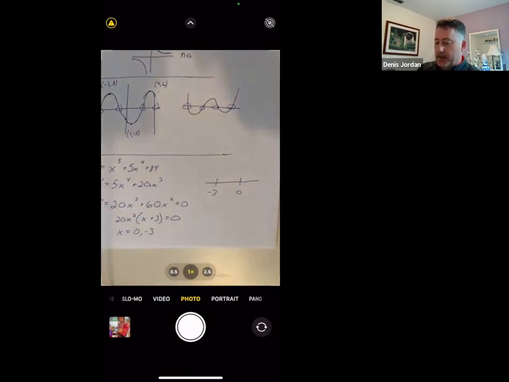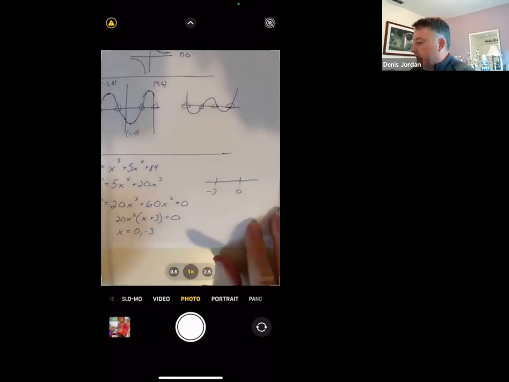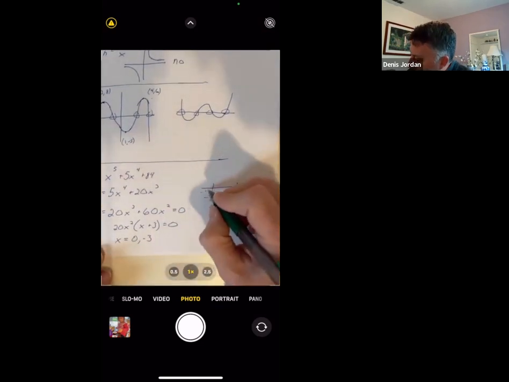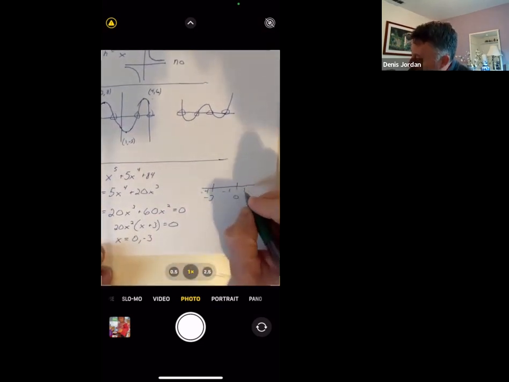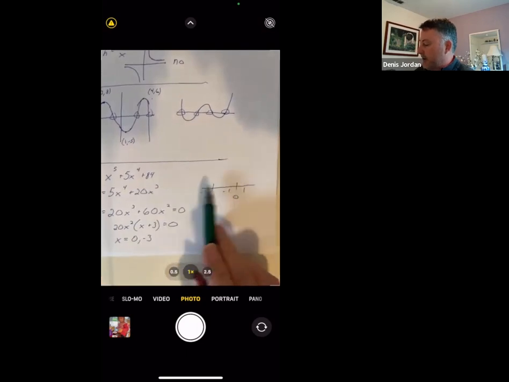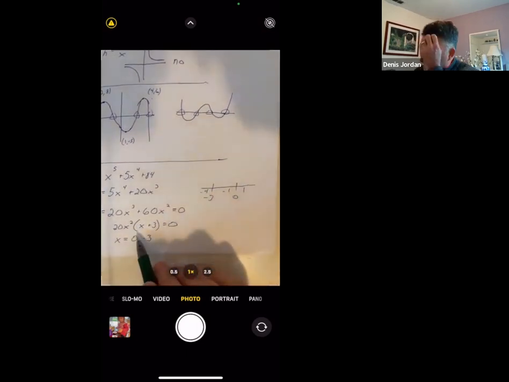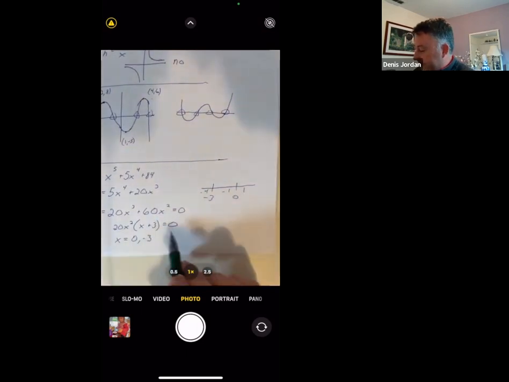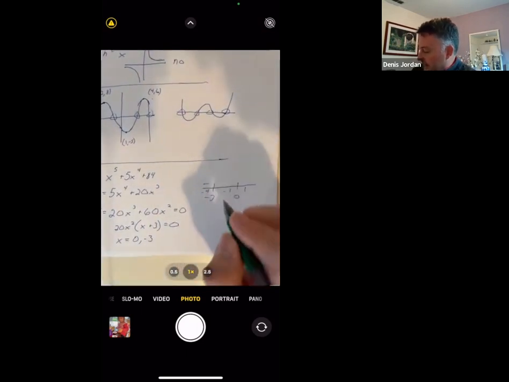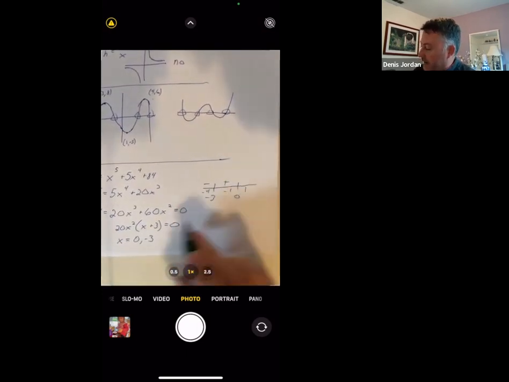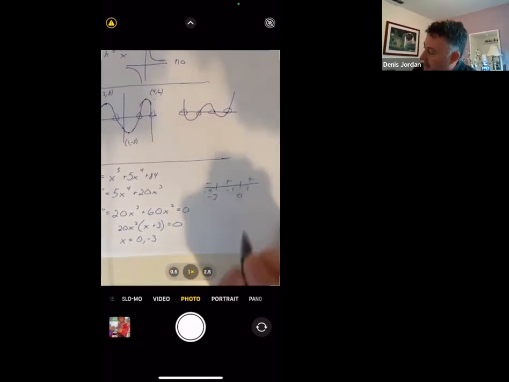Whether you want to or not, you have to test what makes the second derivative 0 or undefined, and see if there's a change in concavity or not. So for the -4, it comes out as a negative, the -1 comes out as a positive, and the 1 comes out as a positive as well.